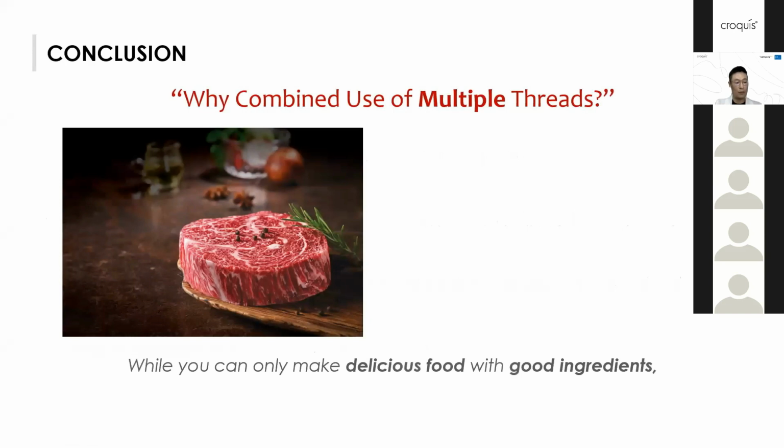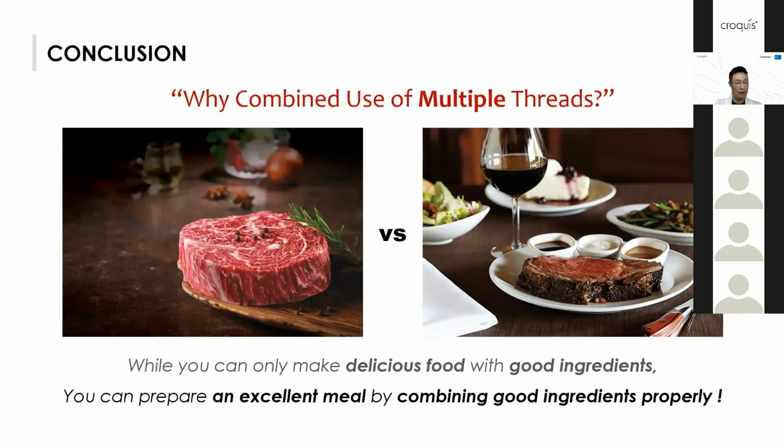While you can only make delicious food with good ingredients, you can prepare an excellent meal by combining good ingredients properly. That is, in order to achieve better and more natural lifting results, we should consider using various techniques and multiple thread procedures properly to maximize the desired results for the patients.